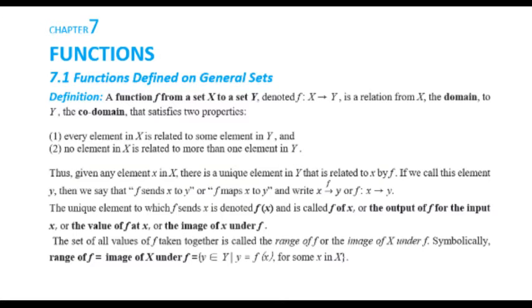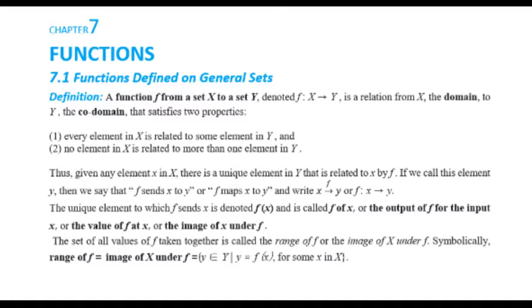So if we combine these two properties, we can say every element in x is related to one and only one element in y. Correct? So as it's mentioned here, given any element x in x, there is a unique element in y that is related to x by f, correct?